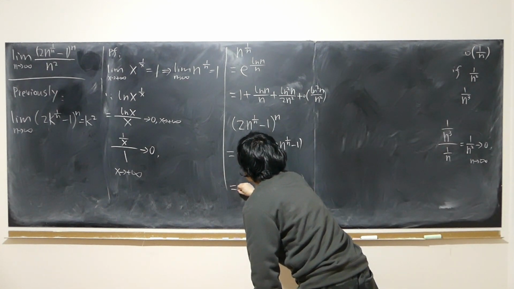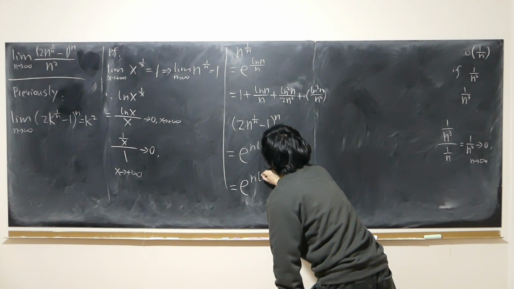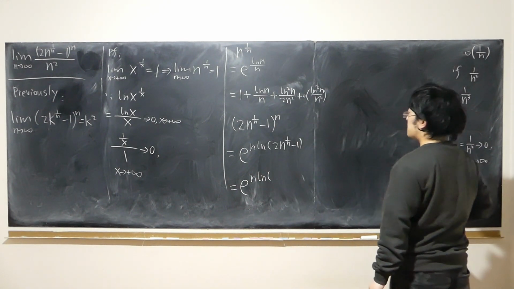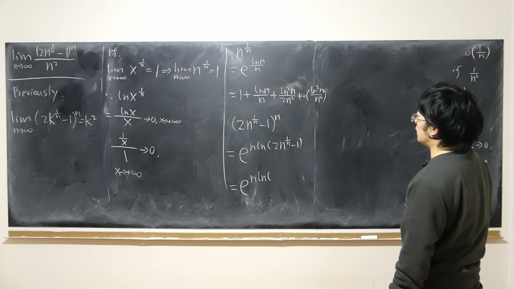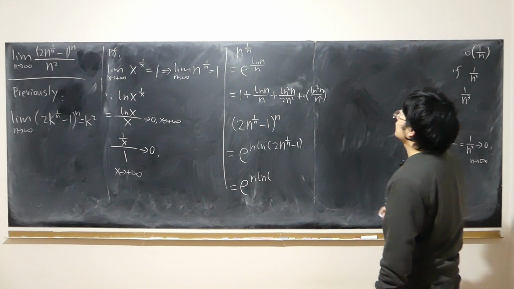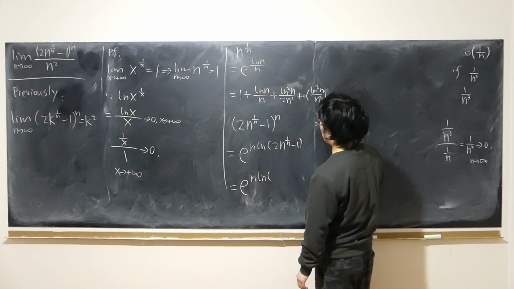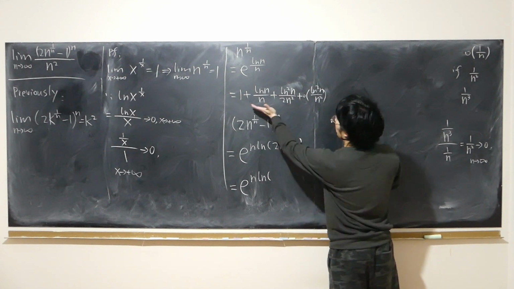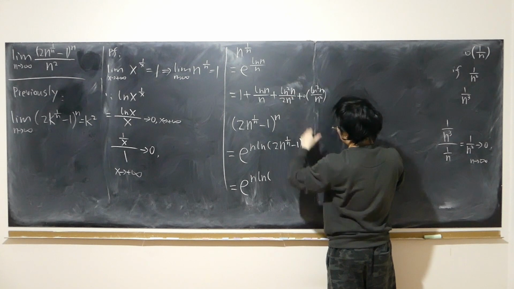So e to the power n times log of, so 2 times n to the power 1 over n, but n to the power 1 over n can be written as the following long expression, right? We have to multiply this expression by 2, then minus 1, right?